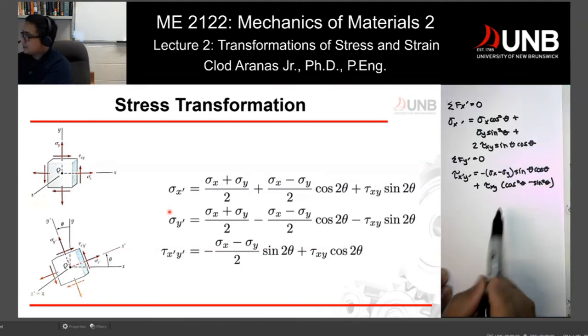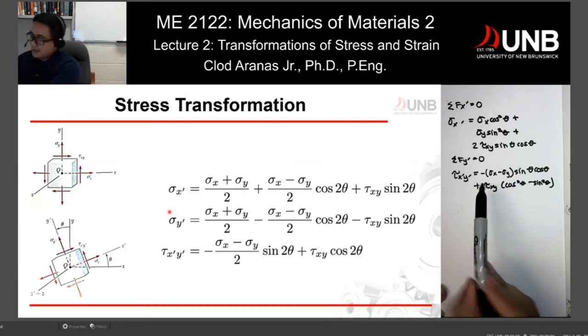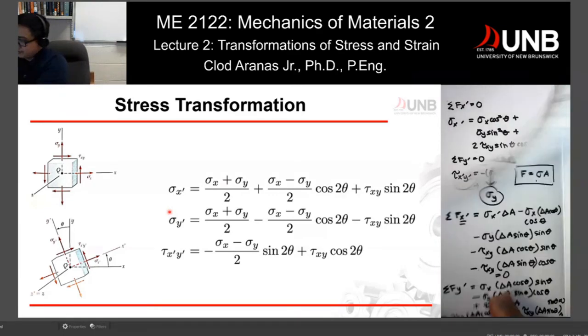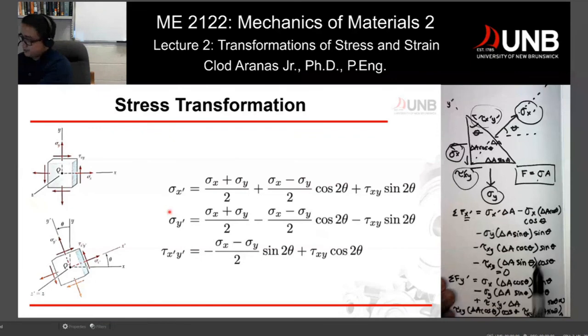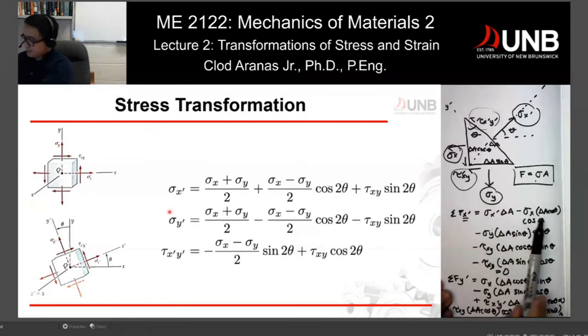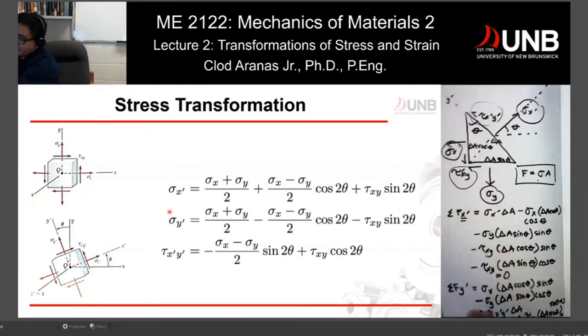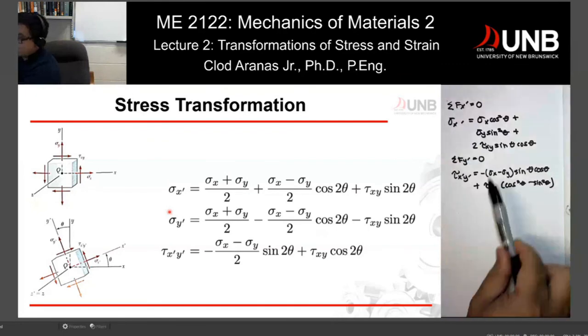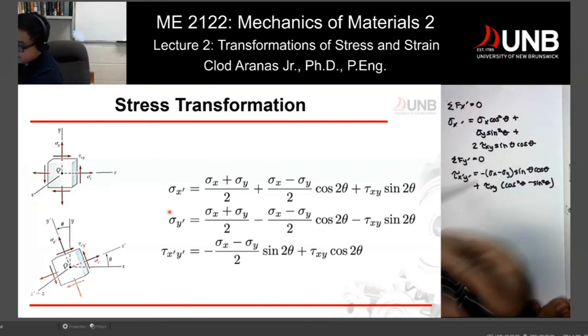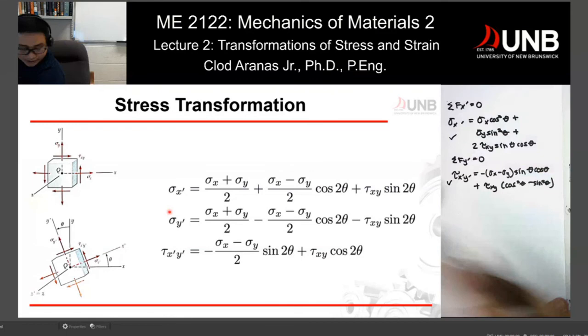And take note that we just simplified the things that we added from the previous notes. Nothing fancy. We just added what we can add, what we can subtract, and then we got these two equations.